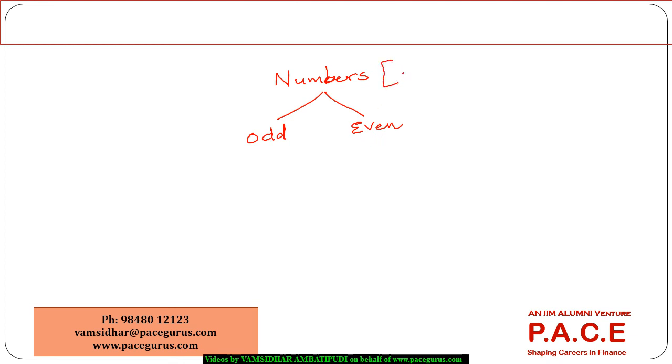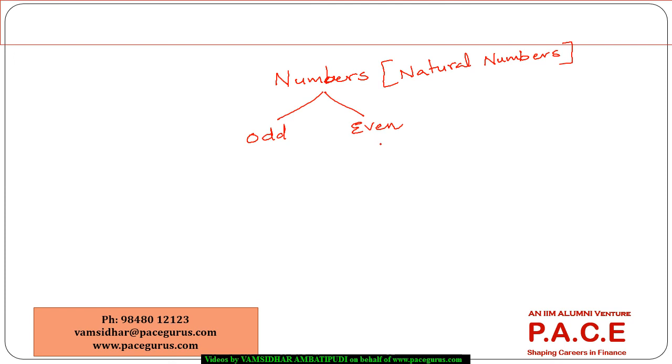Generally, we apply this to natural numbers only. This classification is not that applicable to whole numbers or even negative numbers. Natural numbers, we generally split them into even numbers and odd numbers.